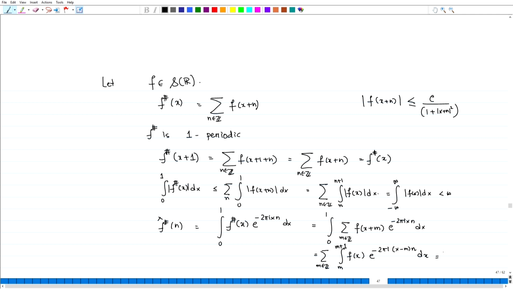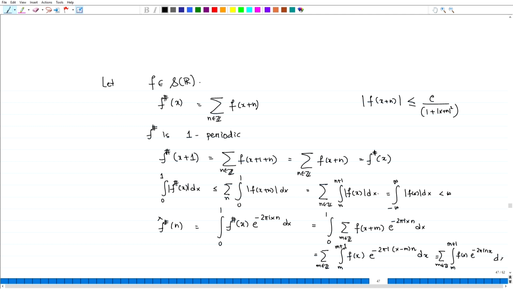Now this is equal to the summation over m in Z of the integral from m to m plus 1 of f of x e to the power minus 2 pi i n x, because e to the power 2 pi i m n is equal to 1.